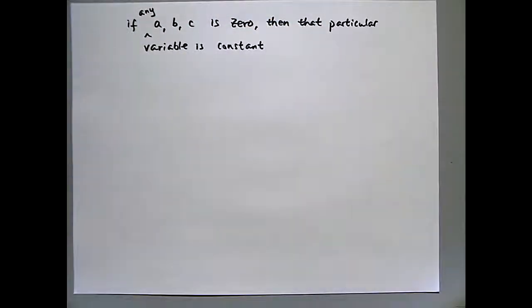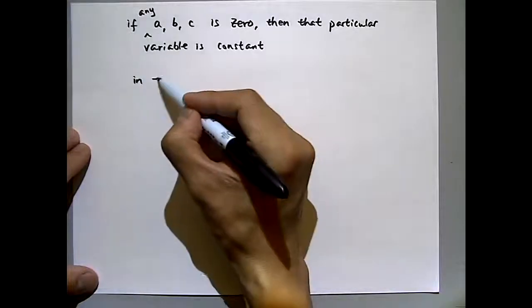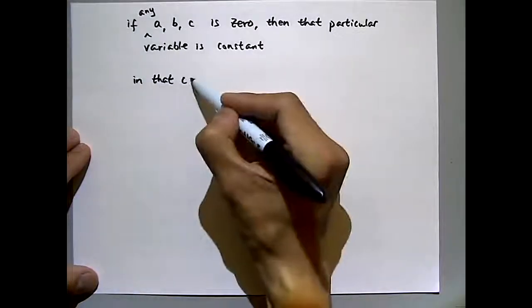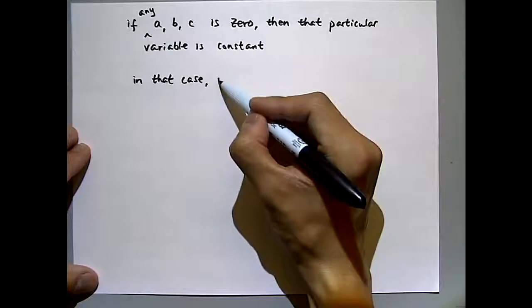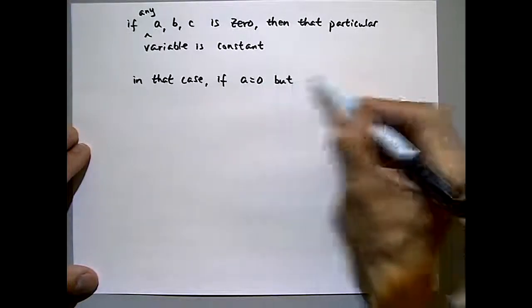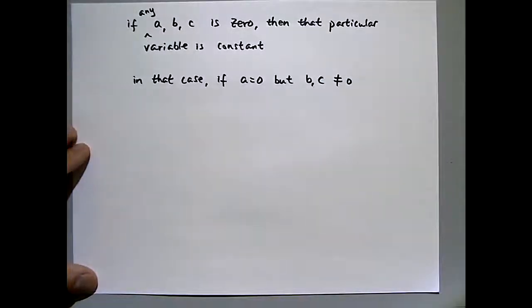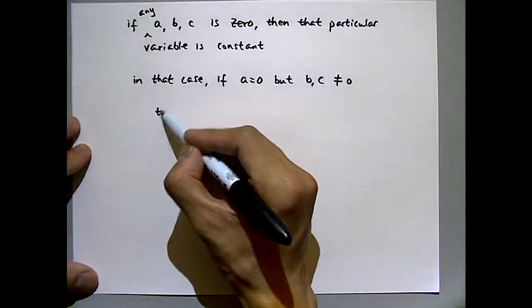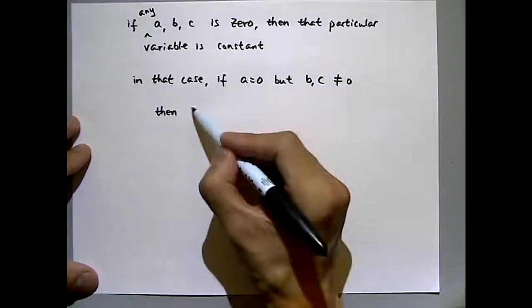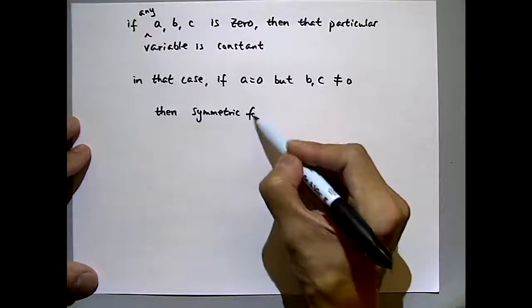Okay, so if at least one is a 0, then that particular variable is a constant. In that case, for example, if a is equal to 0, but b and c are not equal to 0, then in that case, you would write a symmetric form this way.